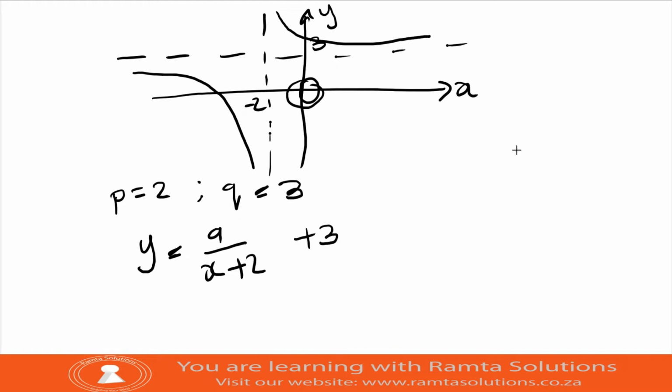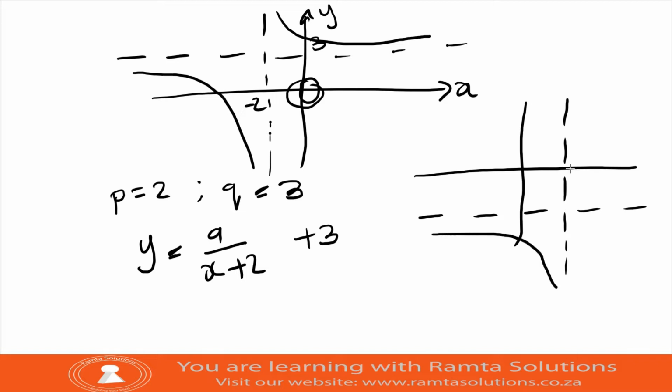Let's look at this one here. Let's say this is -3, 2. As you can see here, p, remember p is your vertical asymptote, is equal to -2. Remember, when it's negative, it shifts to the right.